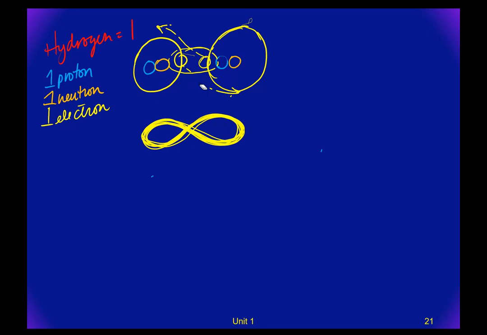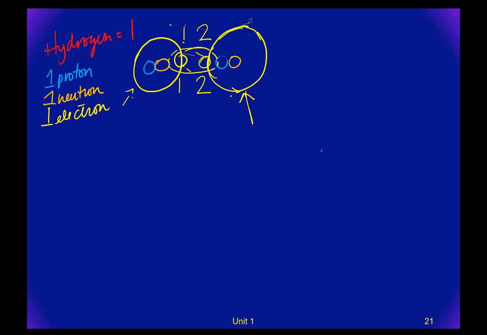But ultimately, what happens is you have, for this atom, 1, 2 electrons, and for this atom you have 1, 2 electrons. Now, it's not that they have them forever. They're not taking them away. They're sharing. That's why it's called a covalent bond.